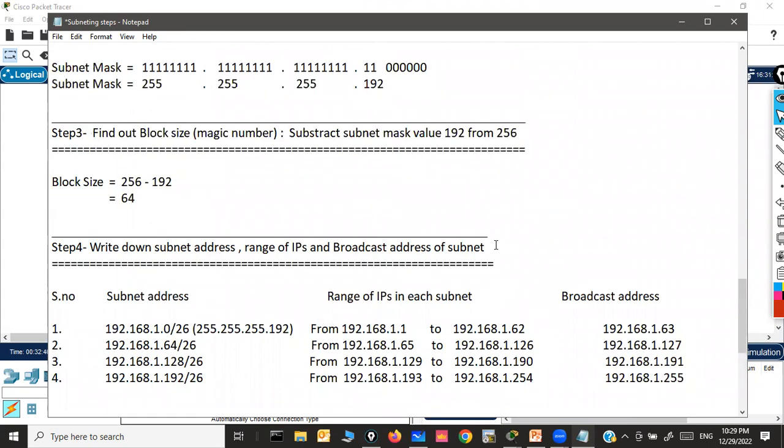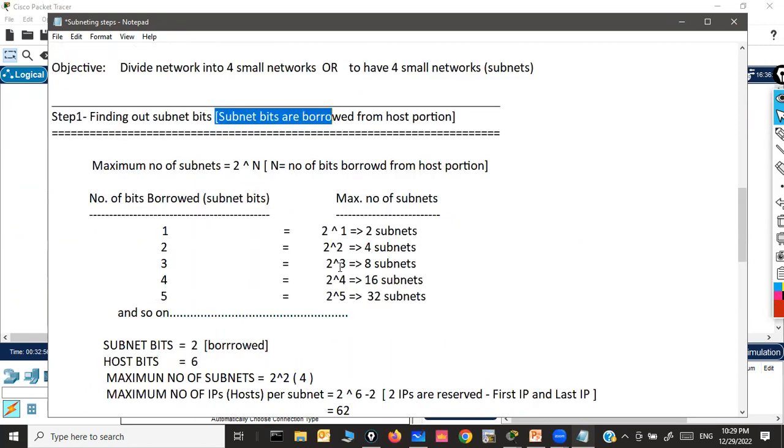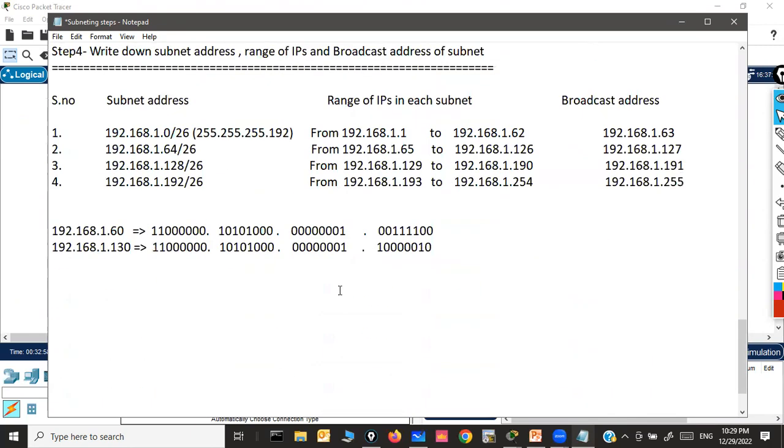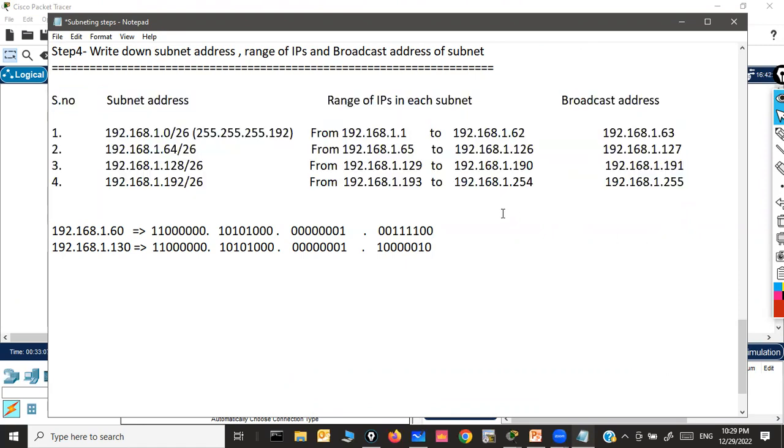Just put in your requirement, write down the network address, specify that you want 4 subnets, and the software will do the calculation and show you the result. But I want you to understand the concept, not just do everything with the help of software or a calculator.